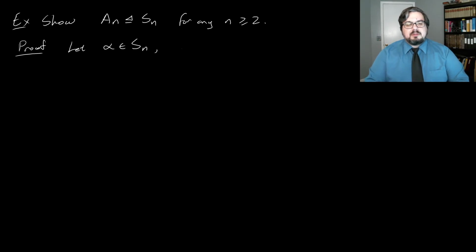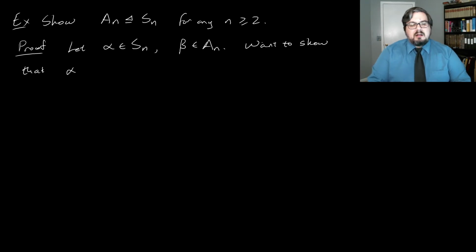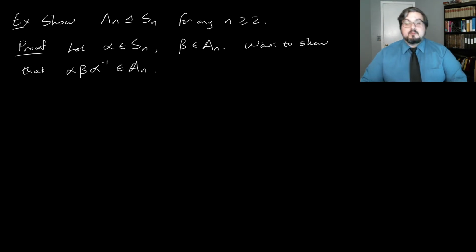Let's let alpha belong to Sn and beta belong to An. We want to show that alpha beta alpha inverse belongs to An. If we can show this for any arbitrary alpha and beta, then that will show that An is a normal subgroup of Sn.